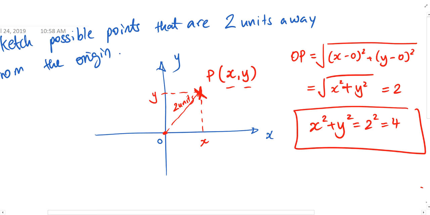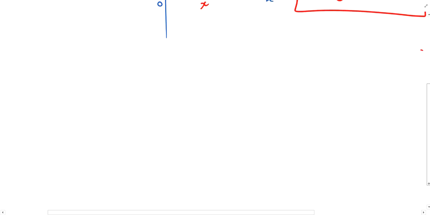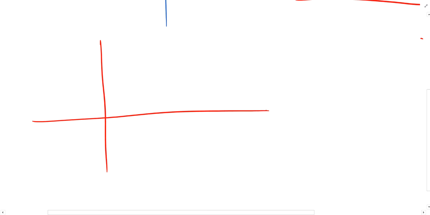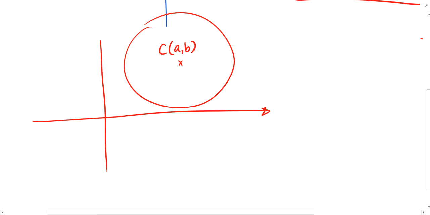If I don't have a circle with the origin as the center, let's say I have a circle over here. This center, let's call it C, with the coordinates A and B. So this is A, this is B. Then I tell you that the radius is R. You must know the difference of what A stands for, what B stands for, what R stands for.